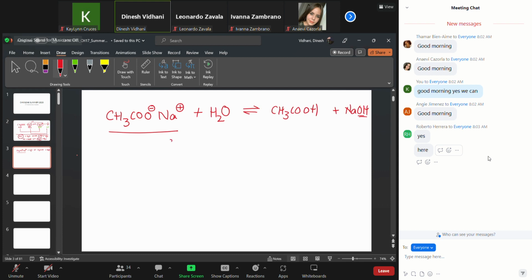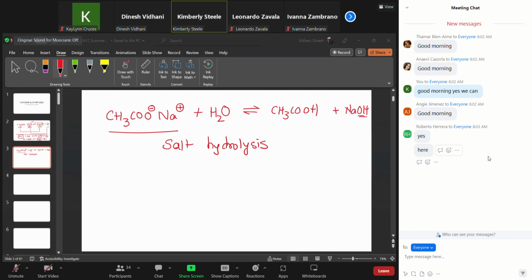This process is called salt hydrolysis. So far, so good. Did you go through this in your lecture, the one that we had on the videos? Yes. Okay.